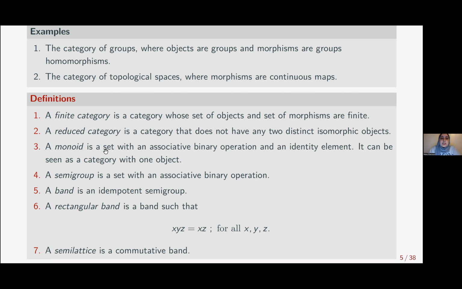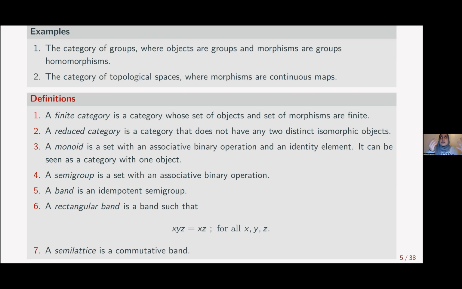And a monoid is just a set with an associative binary operation and an identity element. And we can also see a monoid as a category with 1 object, which is very important because we need to see the objects of a category with the endomorphism set as monoids.